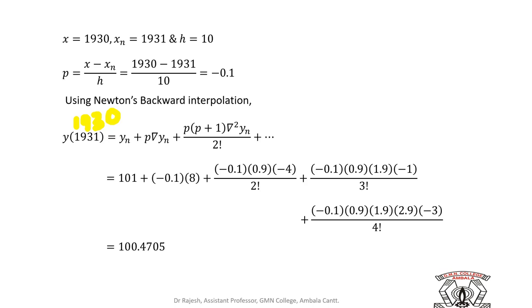So in this lecture we have studied how to choose, how to pick the right formula to interpolate the value of the function at the given value. If it is lying near the beginning of the table, then we are more accurate in selecting the Newton's forward interpolation formula, and if it is lying near the end of the table, then we are fine in selecting the Newton's backward interpolation formula.